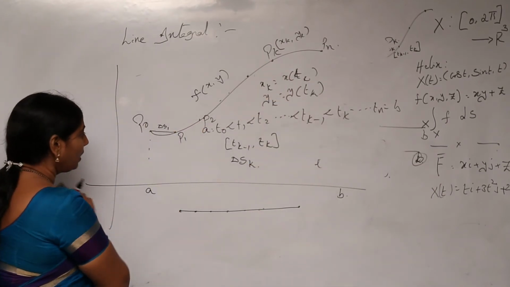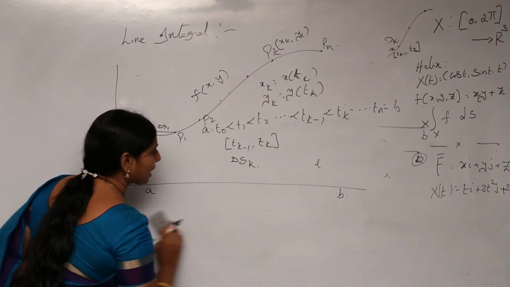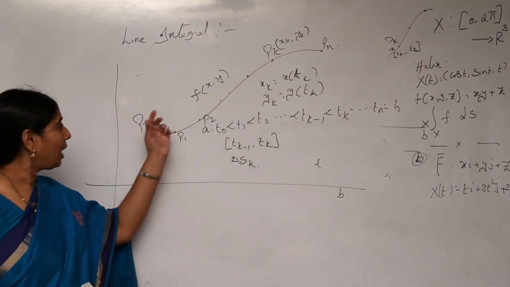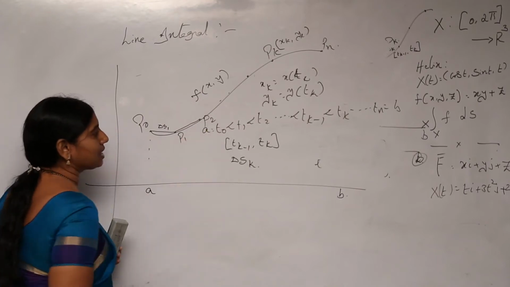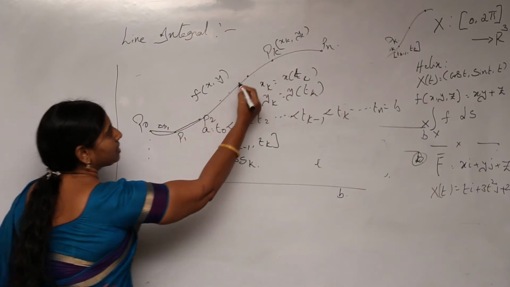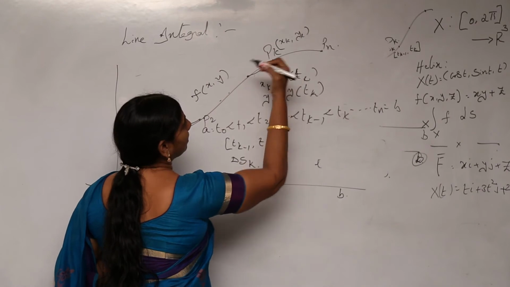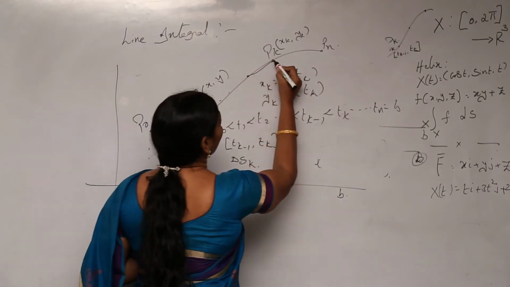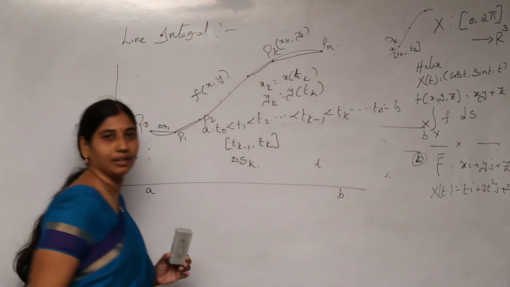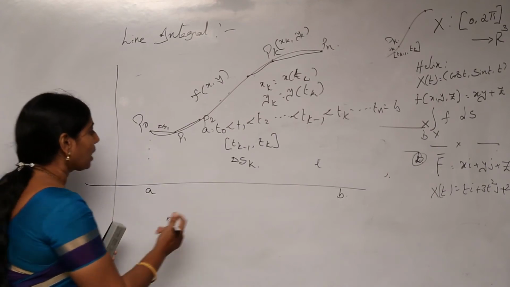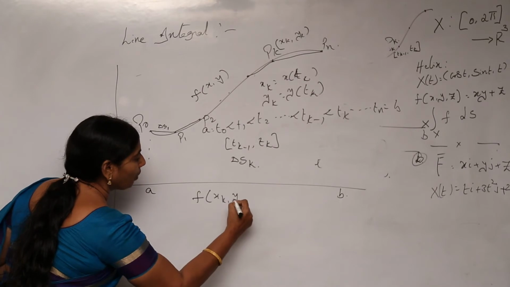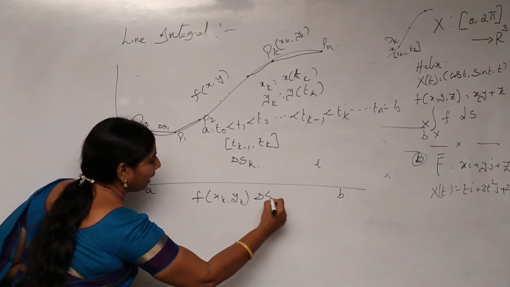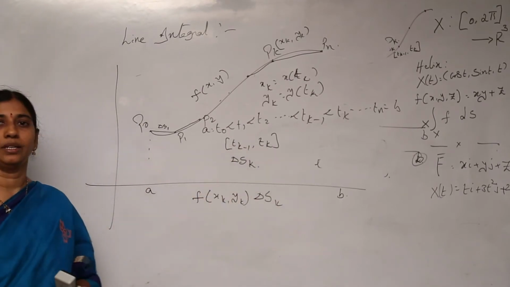So now let us consider over each and every arc. This is another arc length. Observe, this is another curve, and then another length of the arc. So compute f of xk, yk into delta sk, the product.